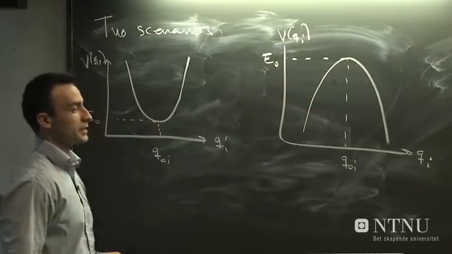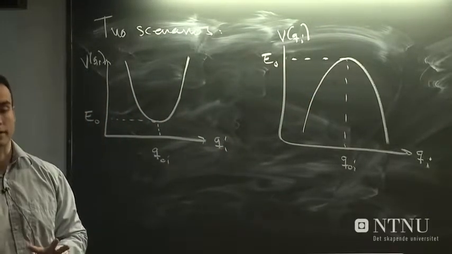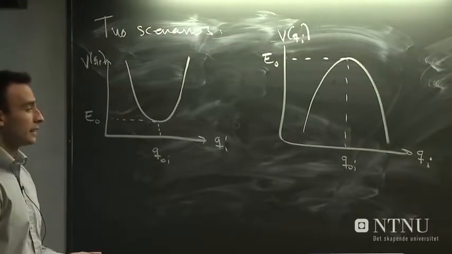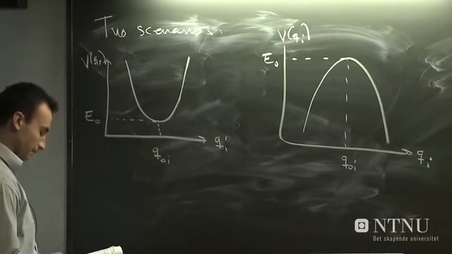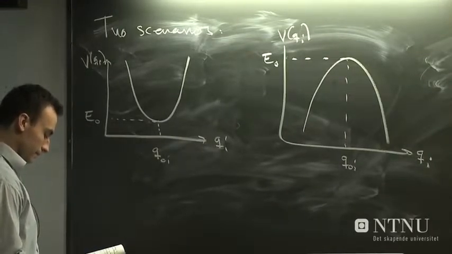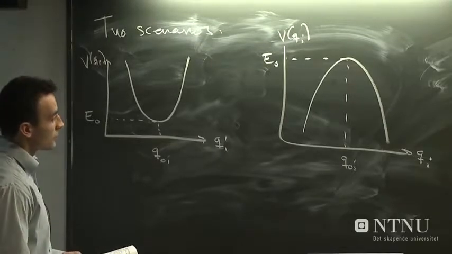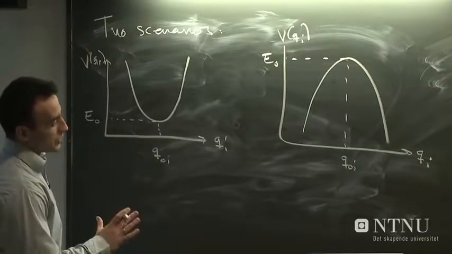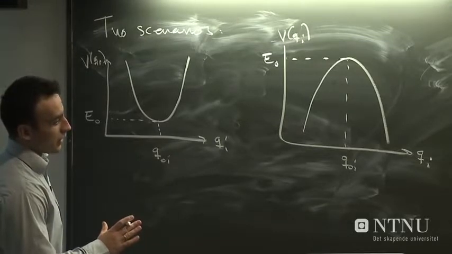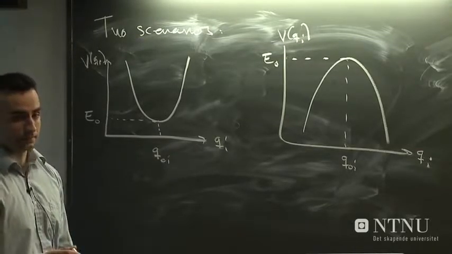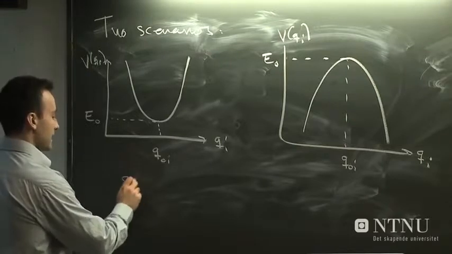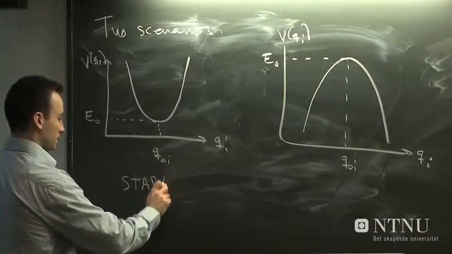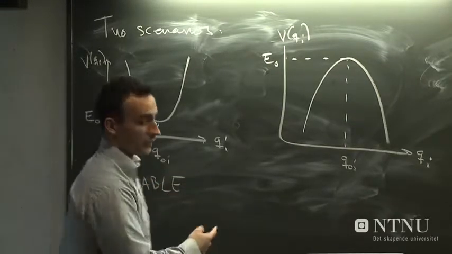And the value of the potential at this configuration we can denote E0. These two types of equilibrium are qualitatively different. This is a stable equilibrium, and this is an unstable one.